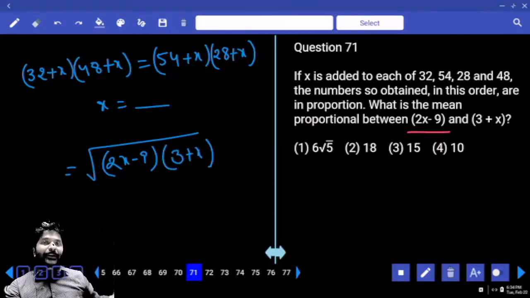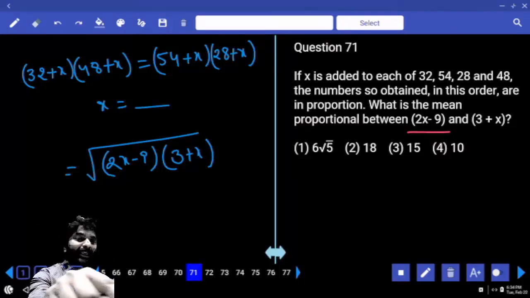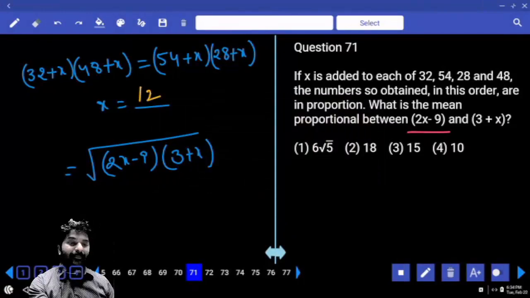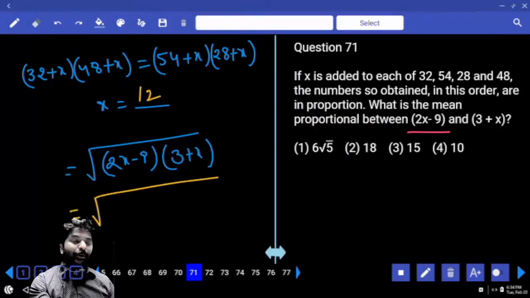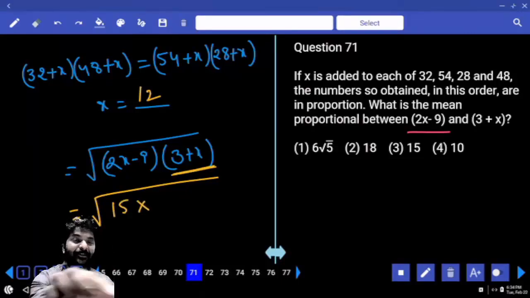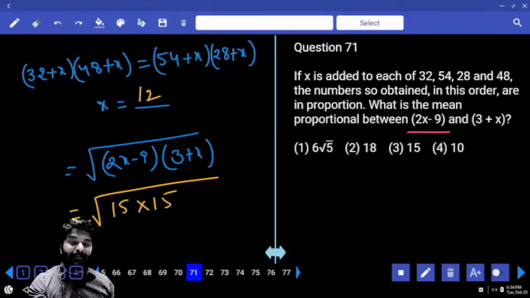After getting the x value, you need to substitute it here. If you solve the equation, you will get the x value as 12. When you substitute it, 2 into 12, 24 minus 9, and 3 plus 12, under root of 15 square, so the answer is 15.